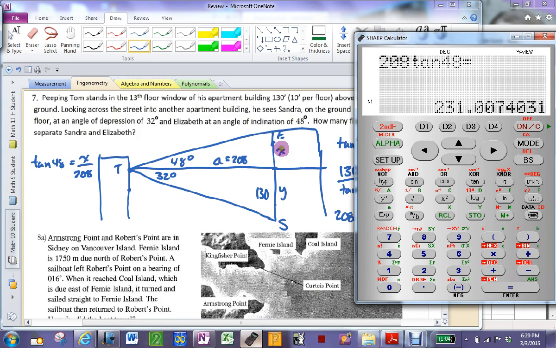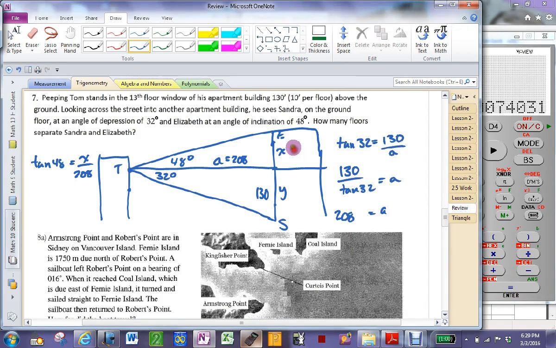And I get 231. So x is 231. So this whole side is 461, which equals 46 floors.